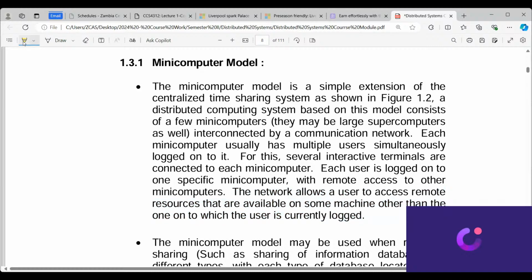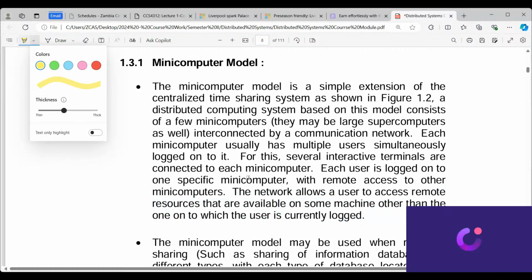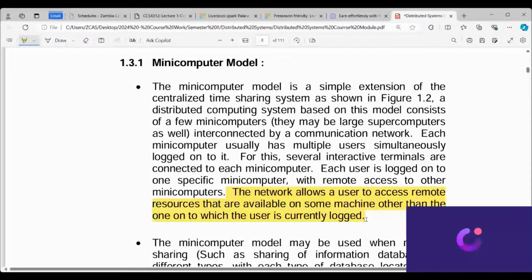So you have these mini computers in a communication network. Through the network, these computers are able to exchange information between themselves.